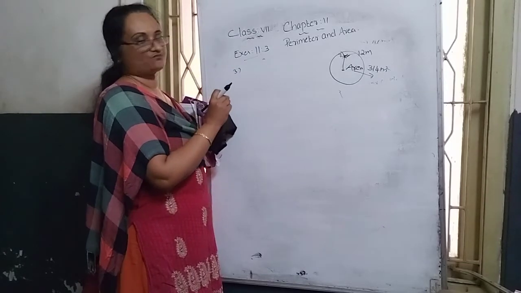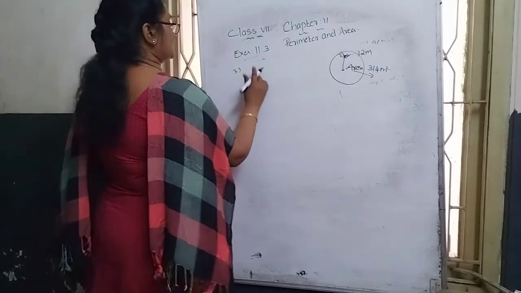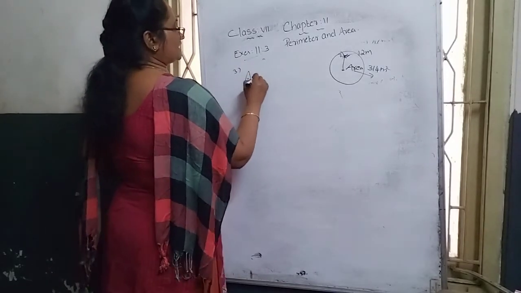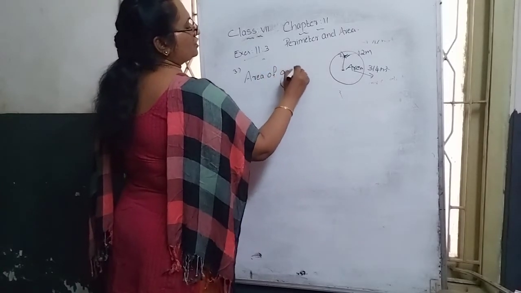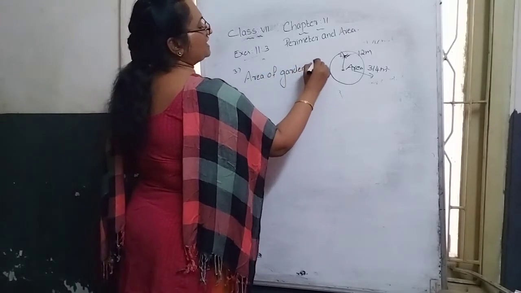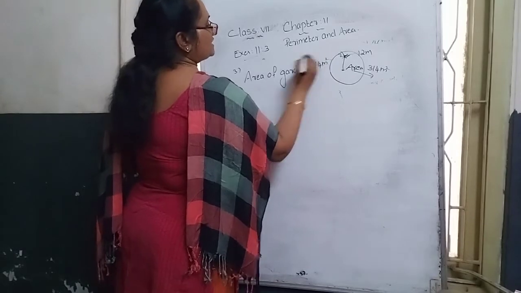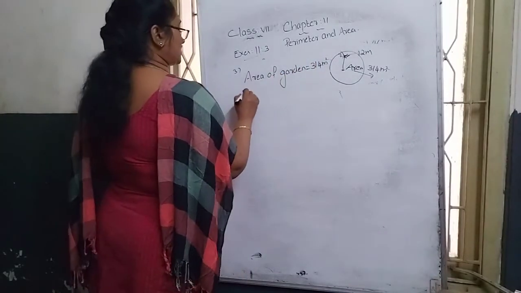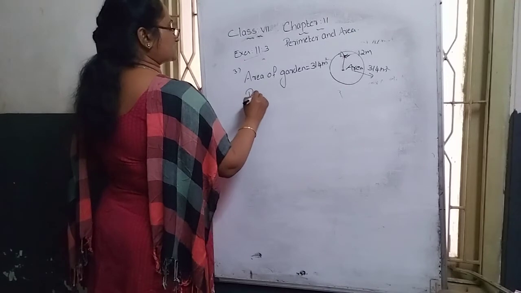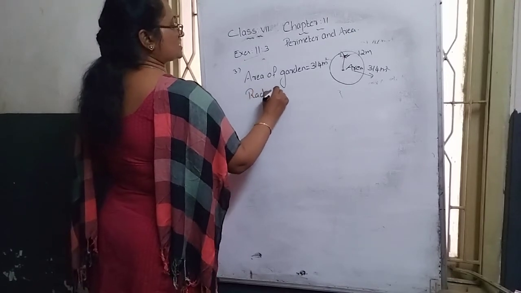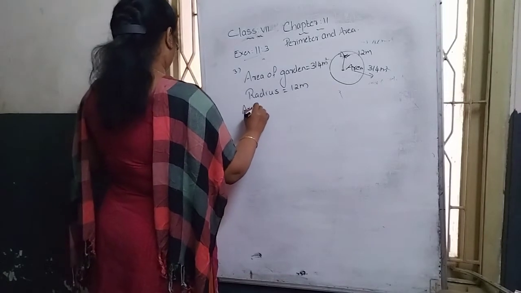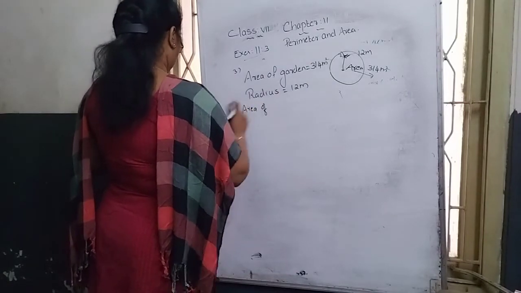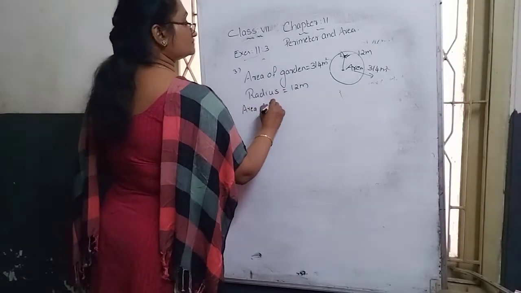The garden area is already given, so you don't need to find it: area of garden equals 314 meter square. Then find the area of the sprinkler.